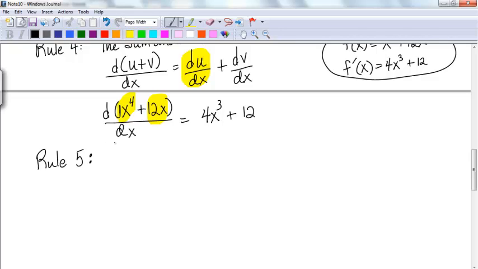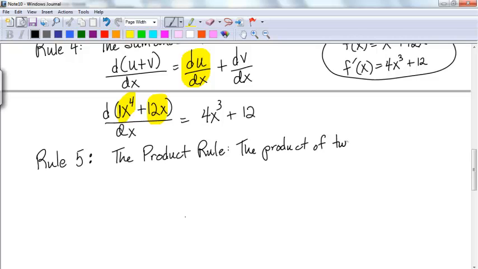Okay, so rule 5, the product rule. It just says the product of 2 differentiable functions, and that just means we can find the derivative of them.